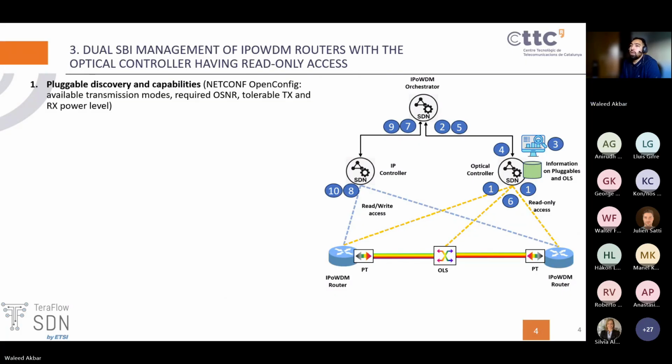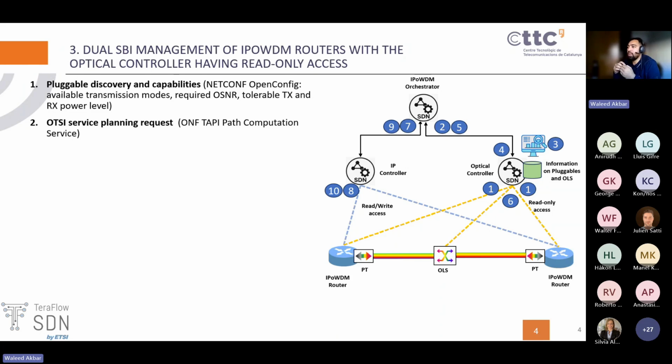Before this, as the first step, the IP controller has already configured the pluggables with the default parameters, and the pluggables already exist inside the network. So the first step for the optical controller is to discover the pluggable and its capabilities. Once the optical controller has this information, it will forward it to the orchestrator.